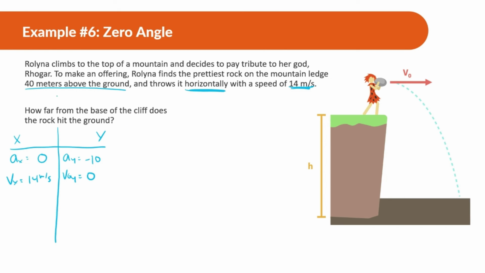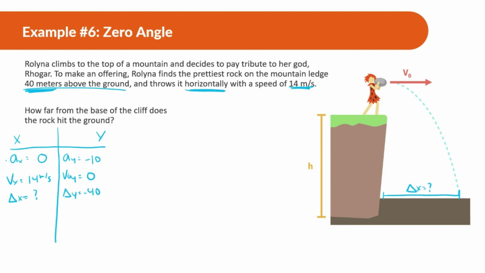We should know that this rock is going to be falling 40 meters, so the displacement in the y is equal to -40 meters. It says how far from the base of the cliff does the rock hit the ground? So what we're looking for is the displacement in the x. However, you might notice a problem.